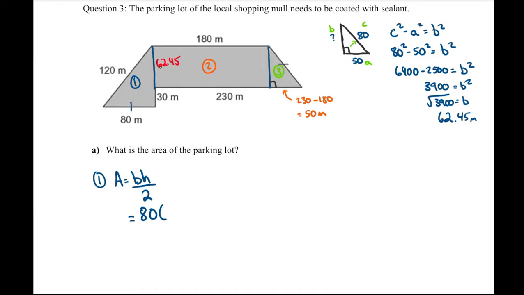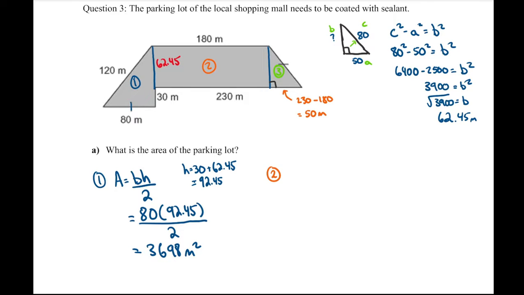In this case, we have to do a slight calculation. So the height is going to equal 30 plus 62.45, so 92.45 is my height. And divide that by 2. And we should get 3,698 meters squared.